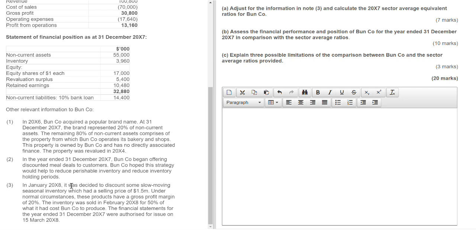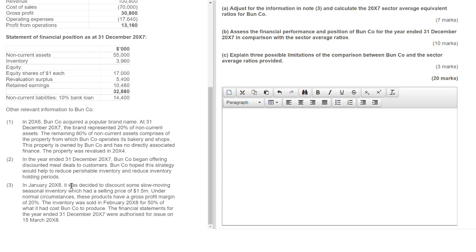So given that the financial statements were authorised for issue on the 15th of March 20x8, per IAS 10, events after the reporting period, this is an adjusting event. We are going to have to adjust the value of the inventory, because at the reporting date we valued it at the lower of cost and NRV. So here the lower would have been the cost because we were expecting to sell it at a 20% margin, but now we've sold it at only 50% of its cost.